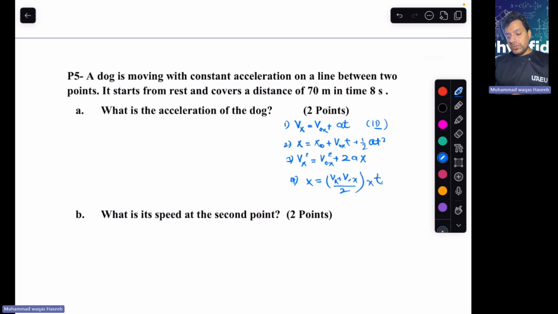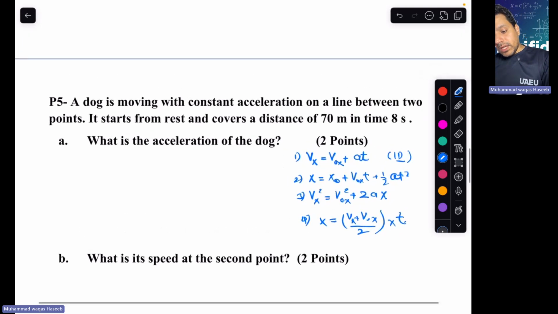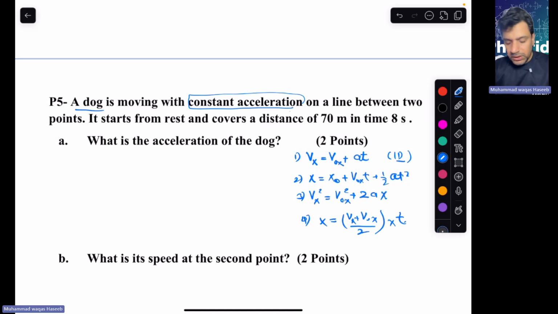Okay, so we're going to use these equations for this problem, which is a dog moving with a constant acceleration. These equations of motion are derived with the assumption that the acceleration is constant. On a line between 2 points, it starts from rest, which means that v naught of x is 0.